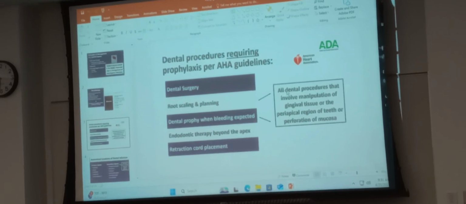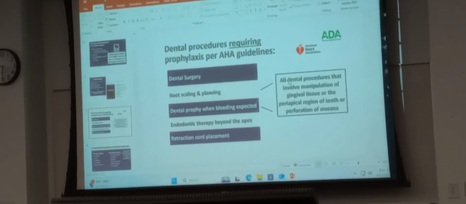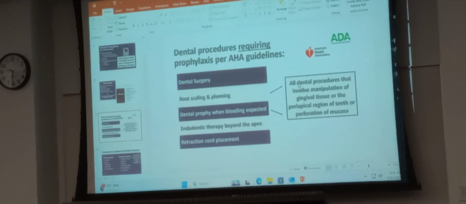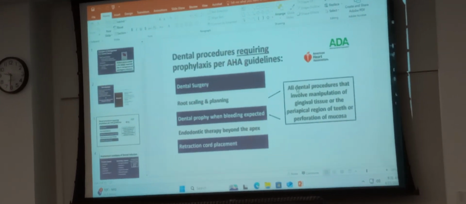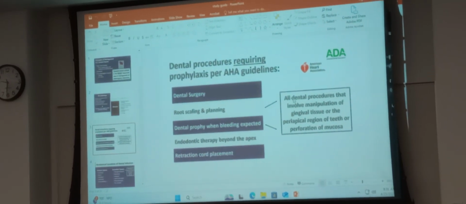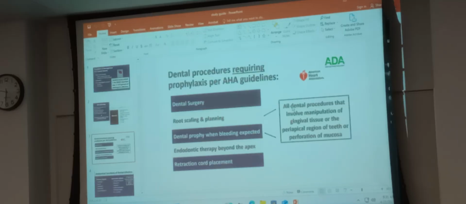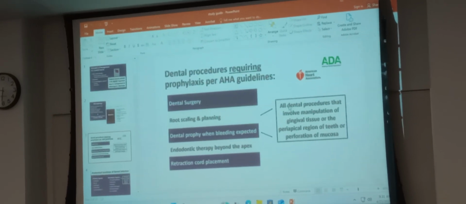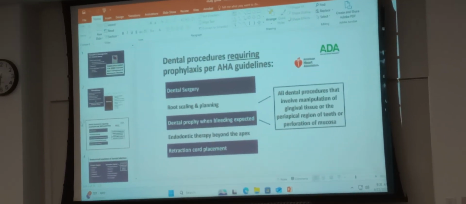Root scaling and planing, obviously dental surgery, root canal therapy beyond the apex, retraction cord placement, you just memorize these things. What would be not on this list is what you would not expect to need antibiotic prophylaxis.